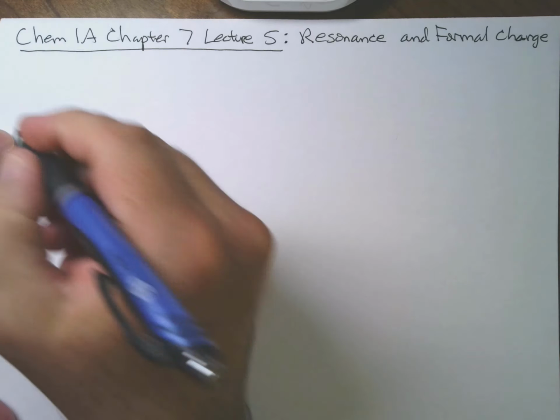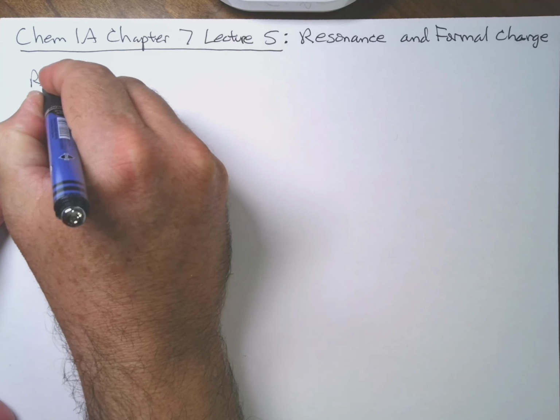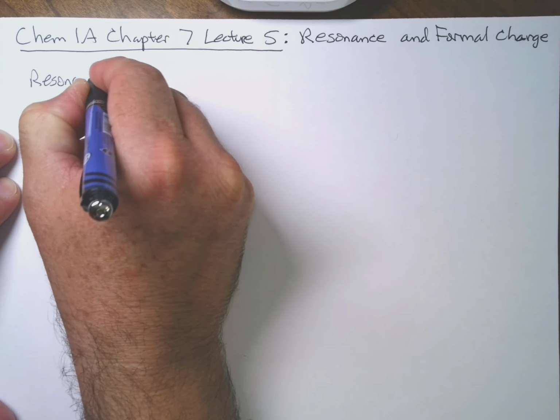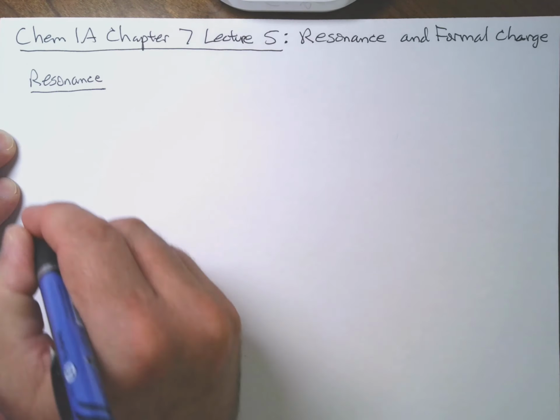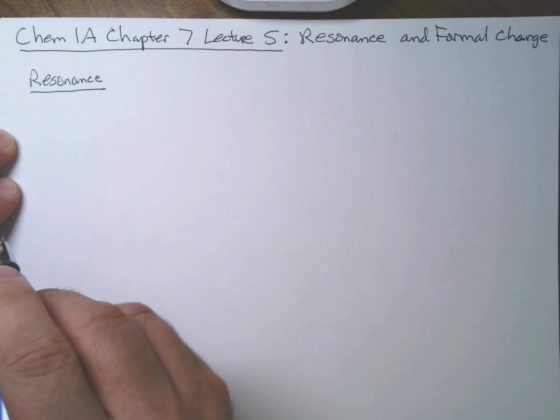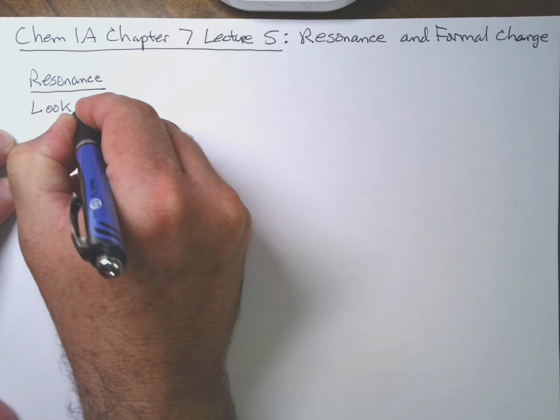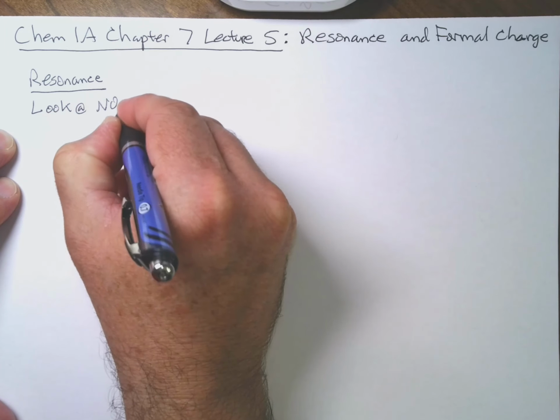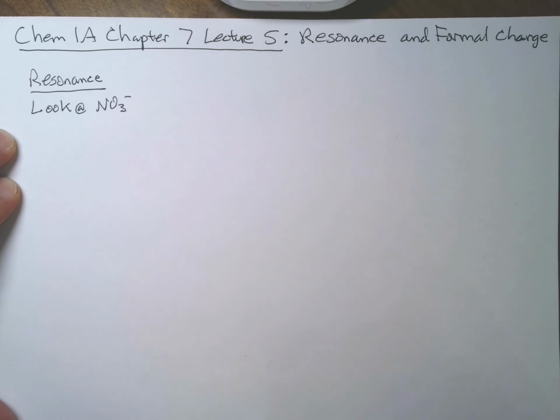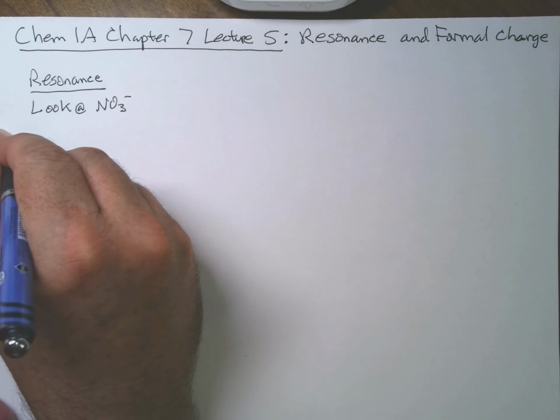All right, so what is resonance? Well, to see an example of resonance, let's take a look at the nitrate ion, NO3 minus, and let's draw the Lewis structure.